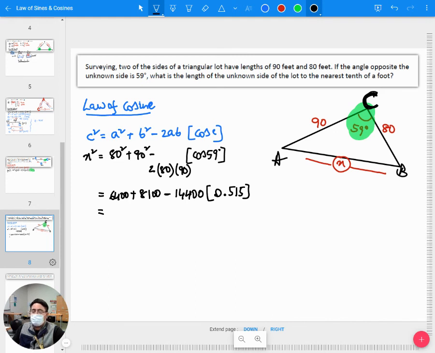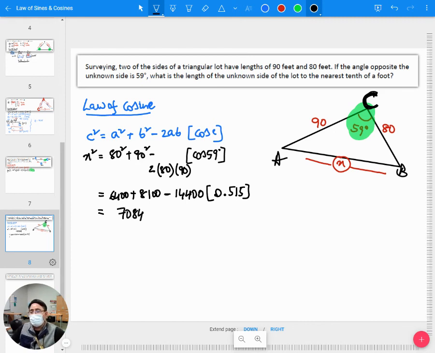So just plug in all these values on the calculator: 6,400 plus 8,100 minus 14,400 times 0.515. That is giving me 7084.